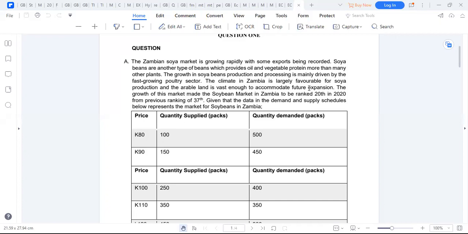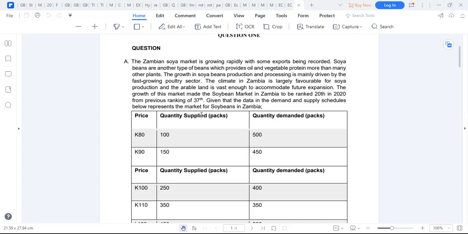The climate in Zambia is largely favorable for soya production, and the arable land is vast enough to accommodate future expansion. The market for soybeans has ranked 20th in 2020 from its 37th ranking.